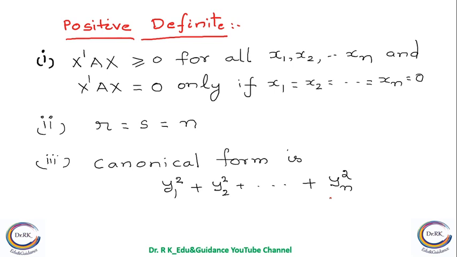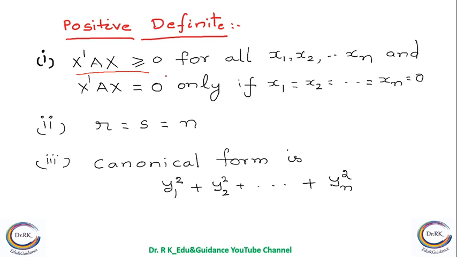Then we'll see the basic definition before solving a problem. The basic definition of positive definite: a quadratic form can be said to be positive definite if x transpose Ax is greater than or equal to 0 for all x1, x2, and so on up to xn.